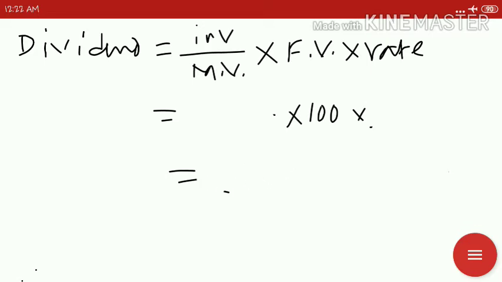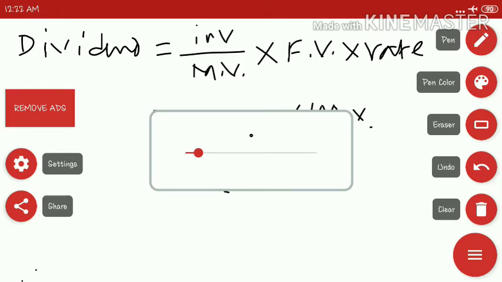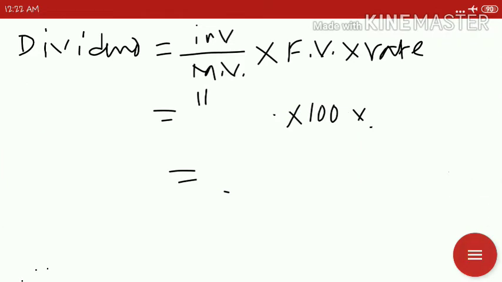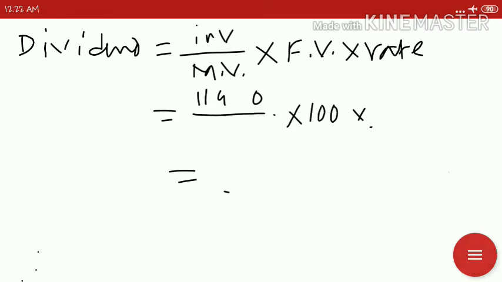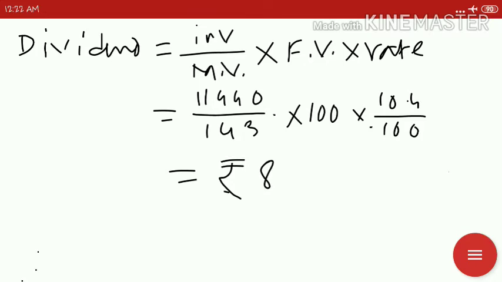That is it will become 11,440 by the market value, rupees 143, and the rate is 10.4%, that means 10.4 by 100. Now by solving them, you can easily find out that it is rupees 832.